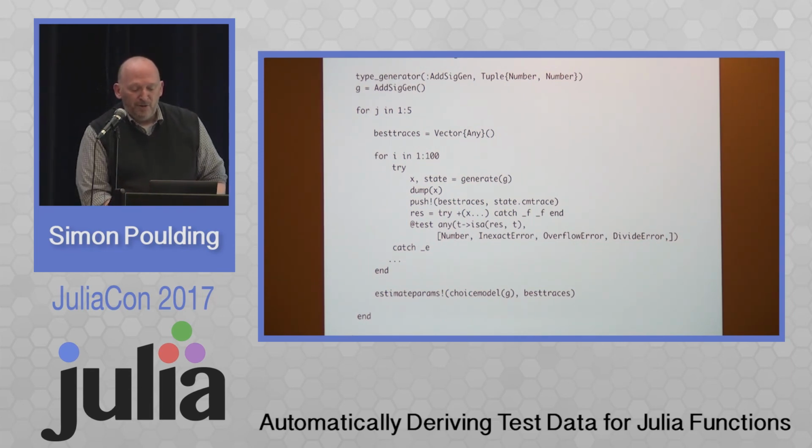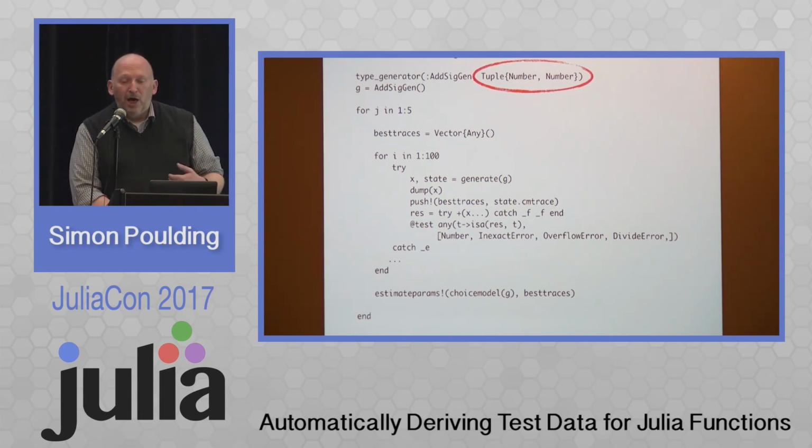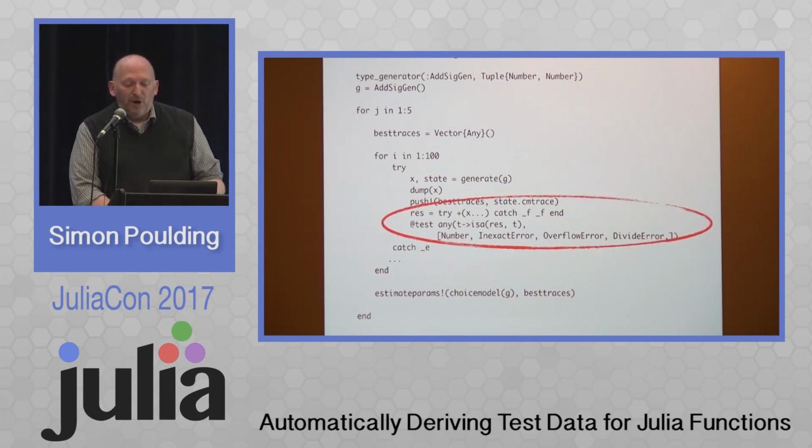So in this case, we're going to do the same process that we did before, but with the plus function, we're going to test all the methods which take 2 numbers of any type. I'm using base test here, so I'm just going to test that they either return a number or return one of the expected exceptions, things like an overflow error, or an inexact error, and so on. So the final demo is to see what that gives us.